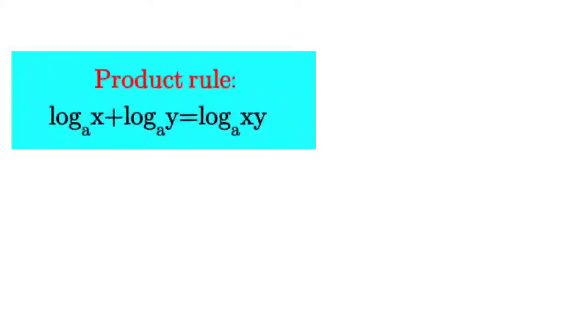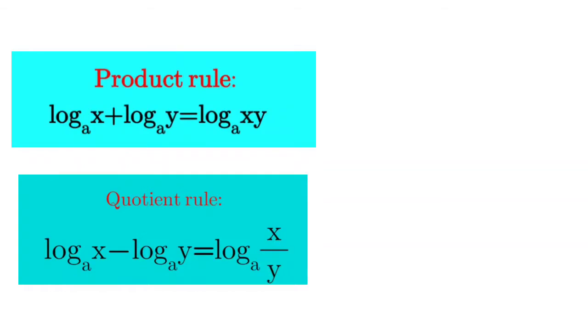In this exercise we used these formulas. First one, product rule, log x to the base a plus log y to the base a equal to log xy to the base a. Second one is the quotient rule, log x to the base a minus log y to the base a equal to log x by y to the base a.